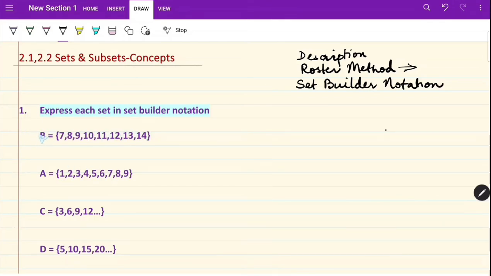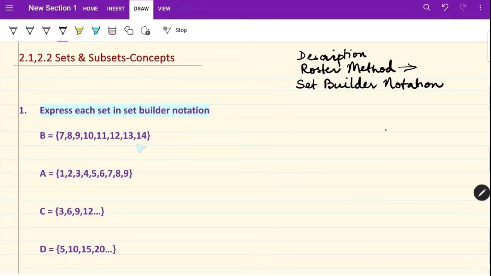The letter on the left-hand side, like B equals, is the name of the set. We also give a name to different sets. So this particular set containing values from 7 through 14 is named as set B.